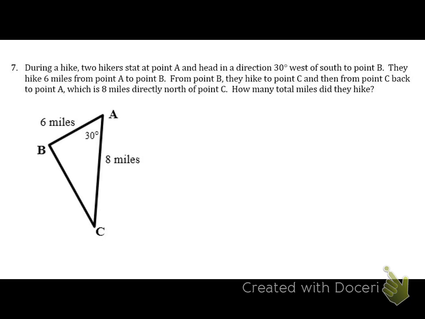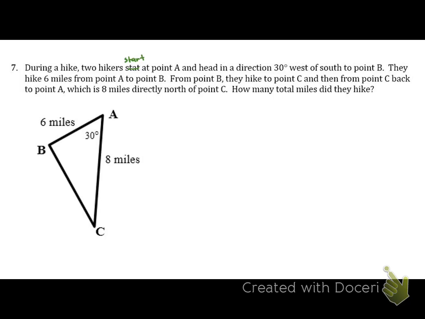So during a hike, 2 hikers start at point A and head in the direction 30 degrees west of south to point B. Okay, so you have the picture there.